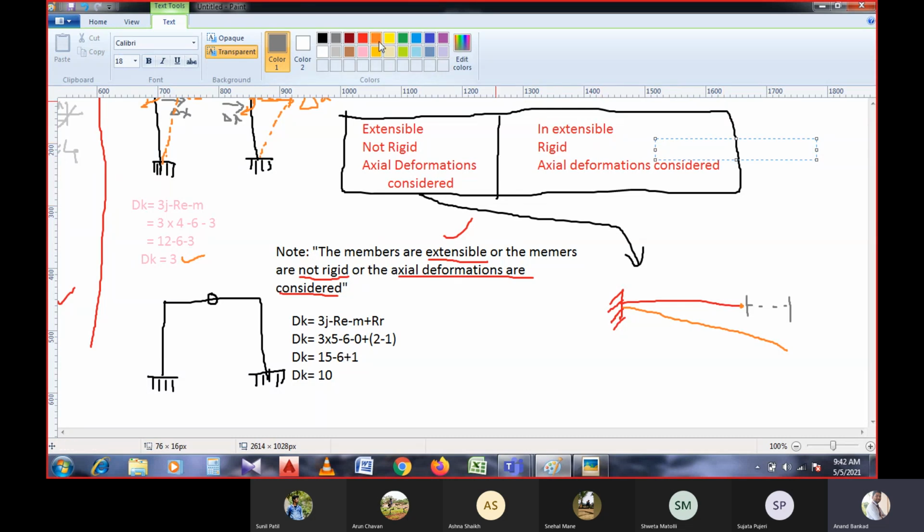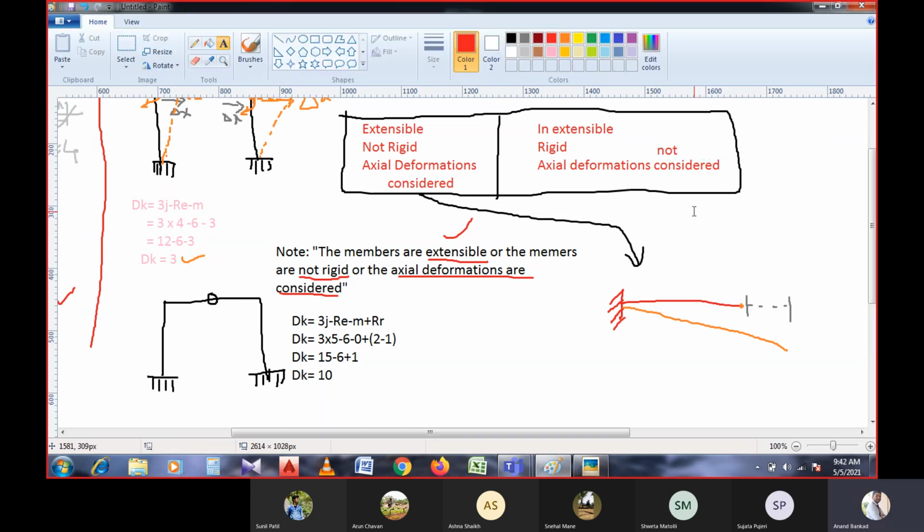Axial deformations are considered, in the sense that the particular point is allowed to have a deformation in the direction of load. When axially loaded, the deformations are considered since it is extended. So that means the structure can have deformations in this manner.